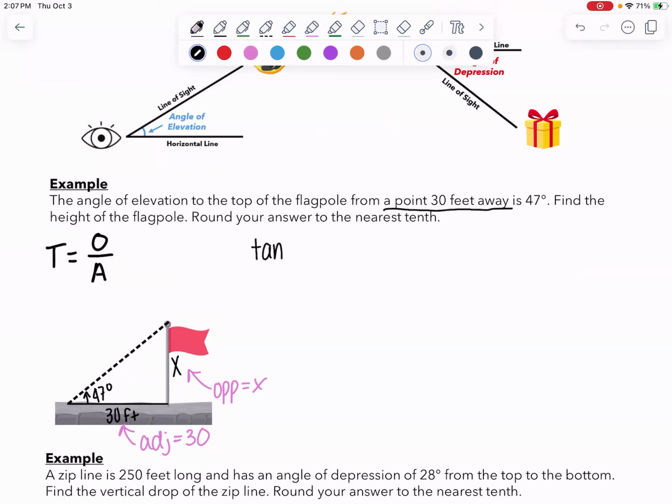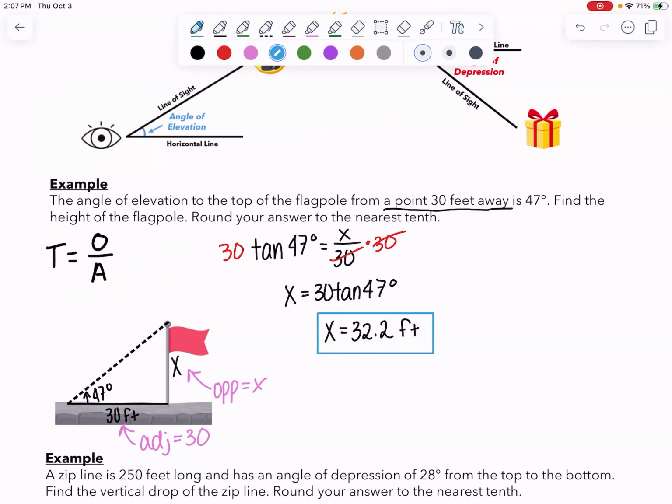So tangent of 47 degrees is equal to the opposite side X over the adjacent side 30. Multiply by 30 on both sides. X is equal to 30 tangent of 47 degrees. If you plug that into your calculator and round to the nearest tenth, you'll get 32.2 feet as the answer.